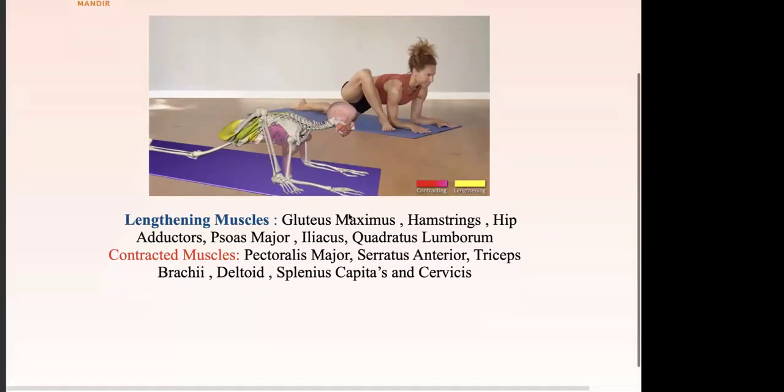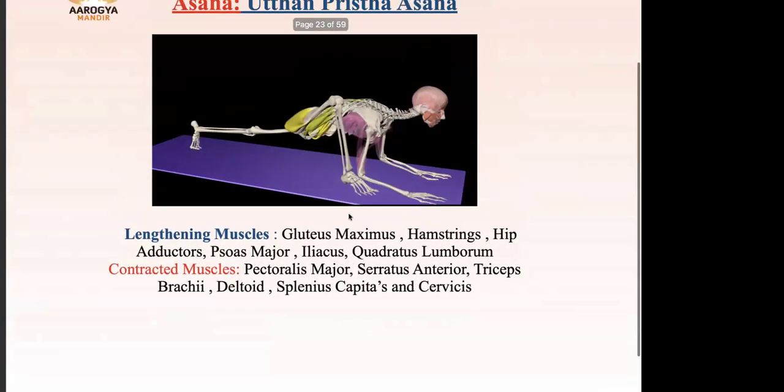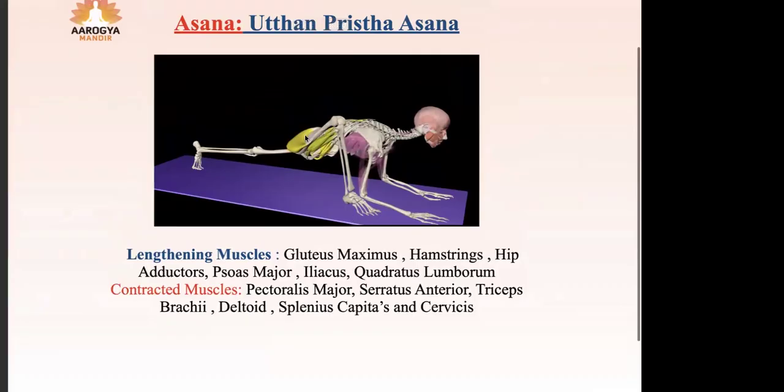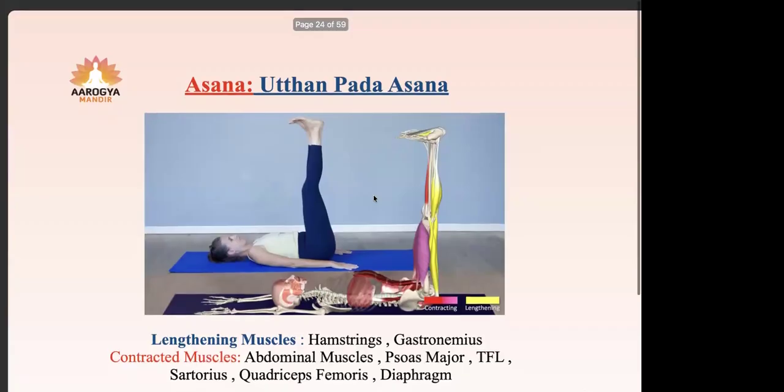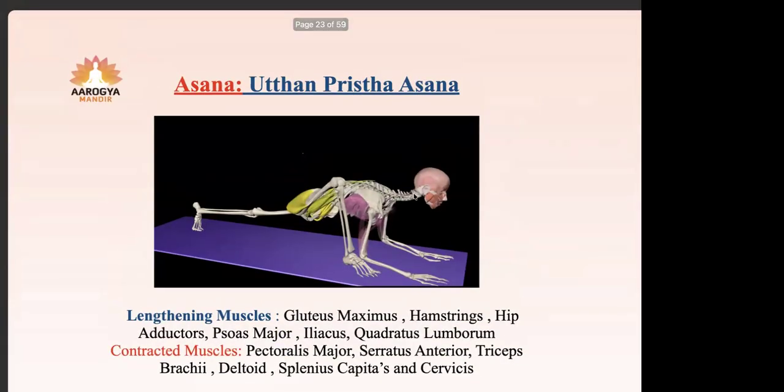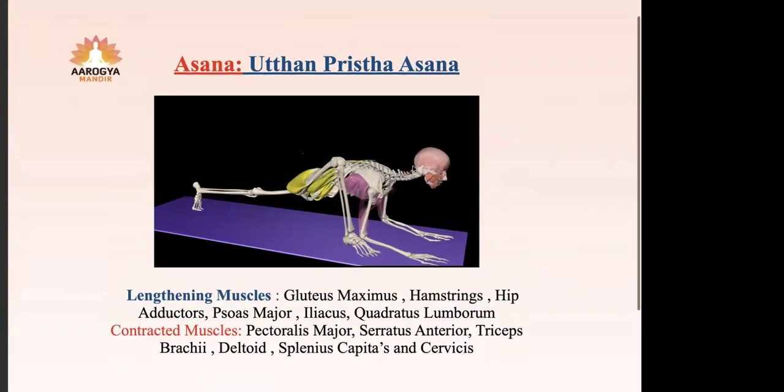I'll show you that next. So you can see over here the muscles which are getting contracted. These are the neck muscles called splenius capitis and cervicis.